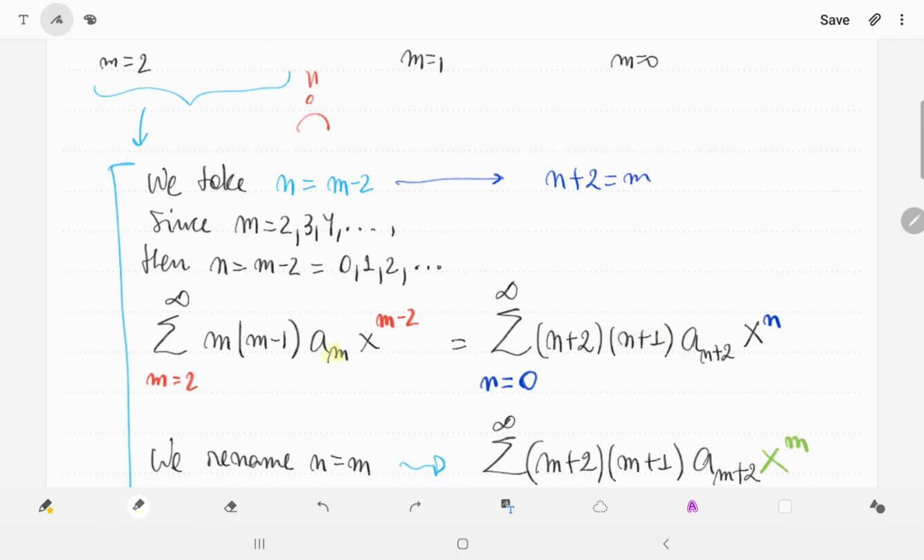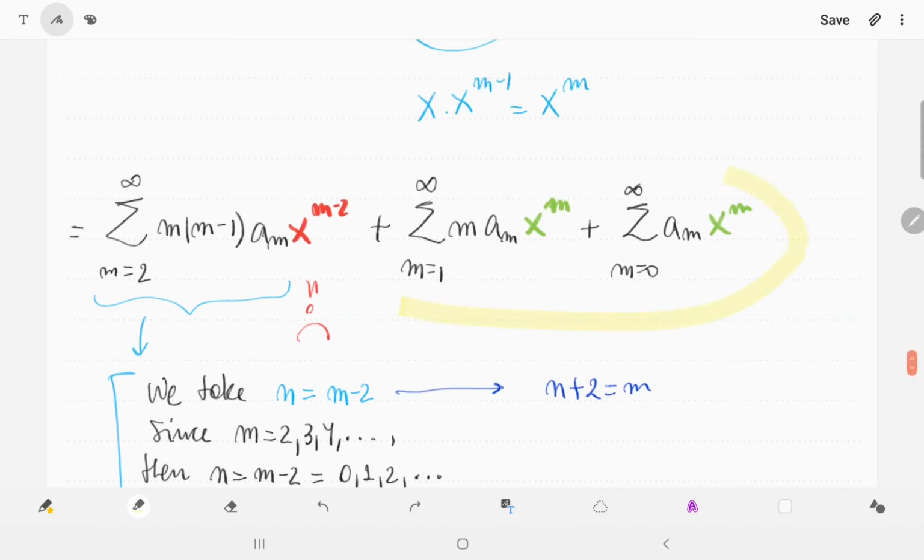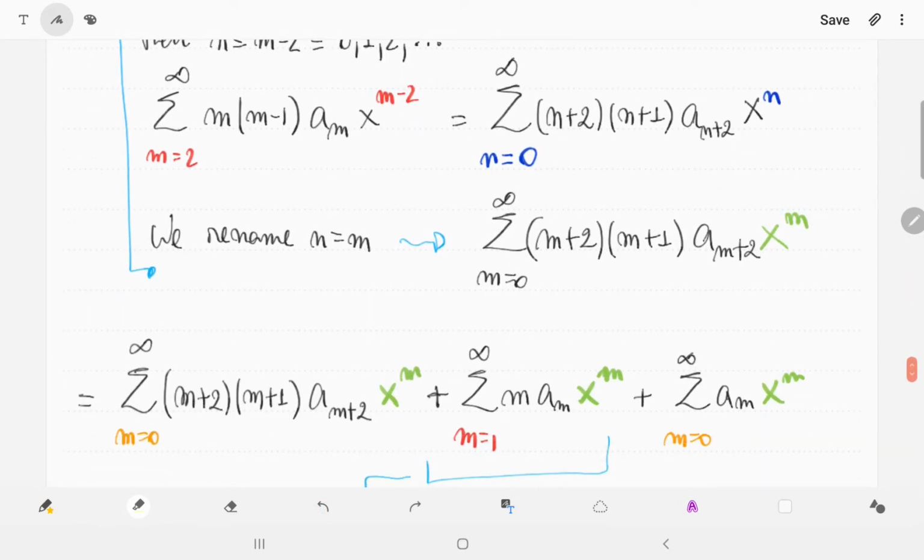And please don't forget to change also this m inside the coefficient a_m. That also has to be changed. So what we get is a_(n+2). And now, since the other terms are with the index called m, we just go back to m, which is just changing the name. Everything is the same, but we go back to the letter m.